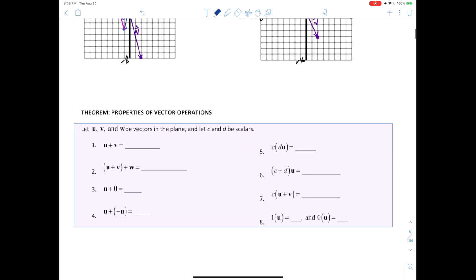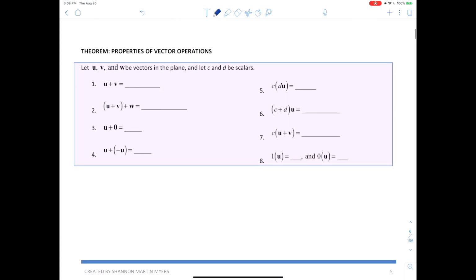All right, next up, theorem, properties of vector operations. All right, so here we go. U plus V, this we already showed geometrically, right? It turns out that U plus V is also equal to V plus U. These are all the addition properties, okay? And these are all the scalar multiplication properties.